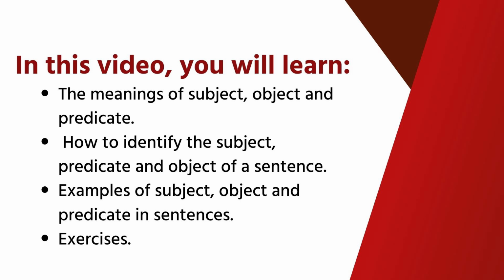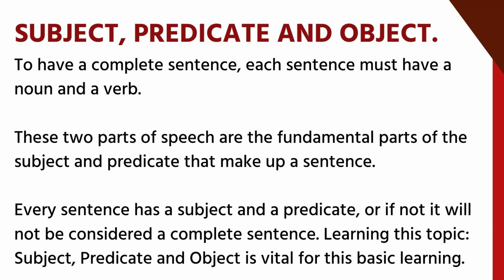So let's learn together. To have a complete sentence in the English language, each sentence must have a noun and a verb. These two parts of speech are the fundamental parts of the subject and predicate of a sentence. Every sentence has a subject and a predicate, and if it doesn't, it will never be considered a complete sentence.